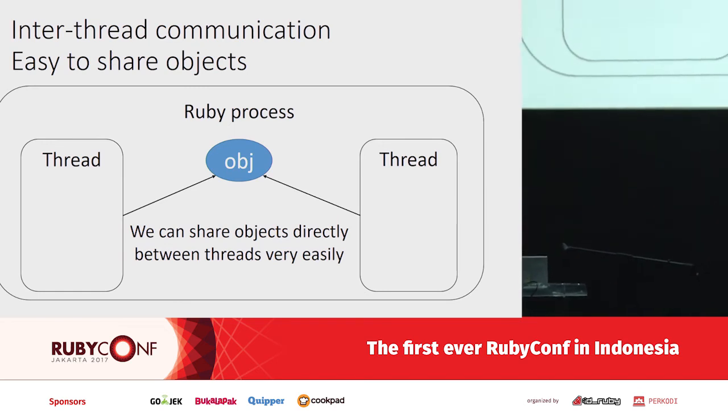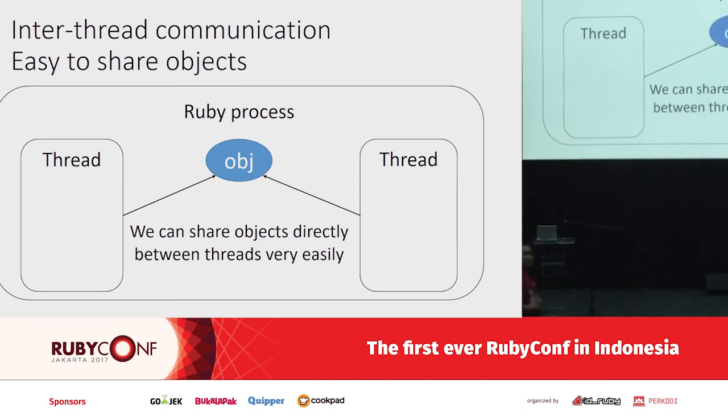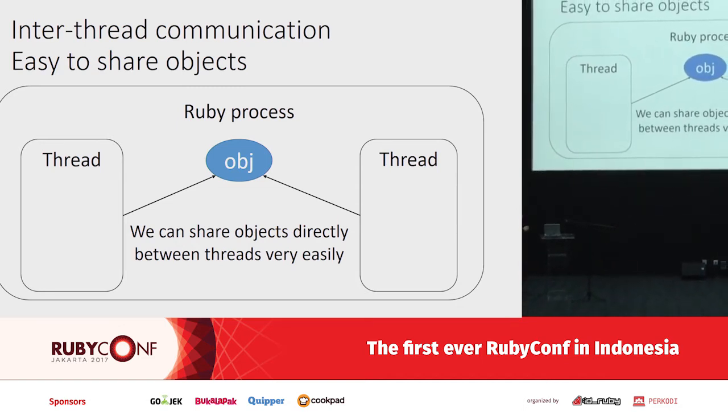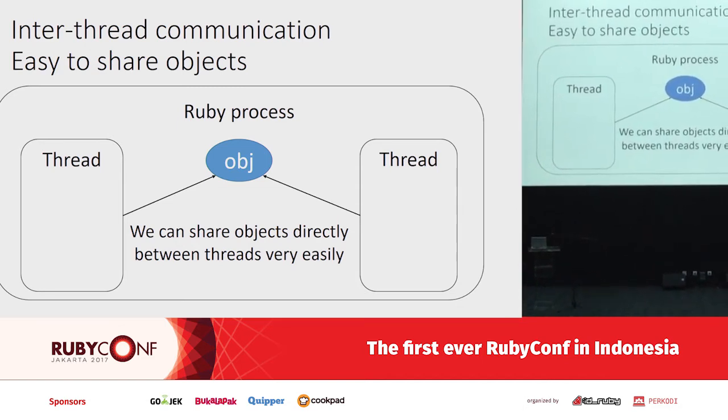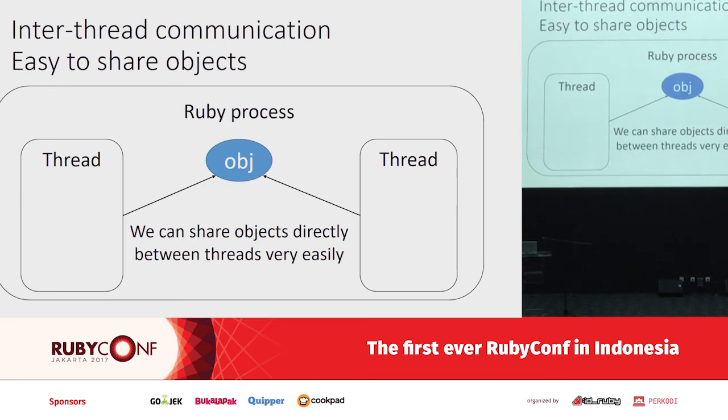This figure shows how threads can share objects. We can share objects directly between threads very easily. It means that an object can be read or written by each thread.